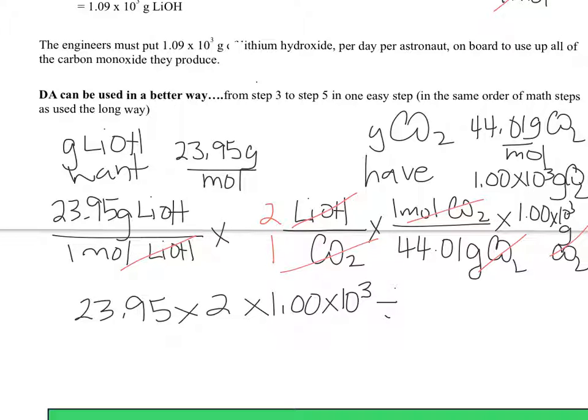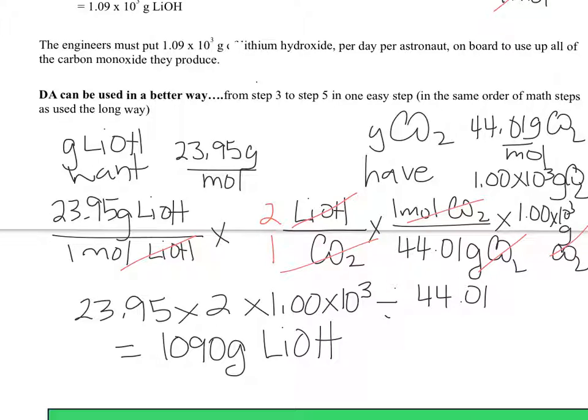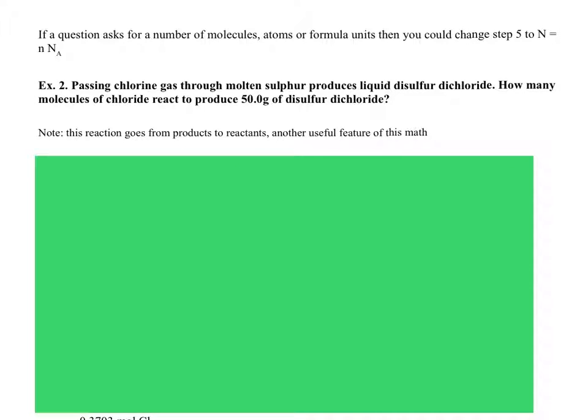So we don't really need to put divide by 1 on the calculator, but the other number on the bottom is 44.01. So you should end up with the same number, 1,090 grams of lithium hydroxide. Okay, example 2.